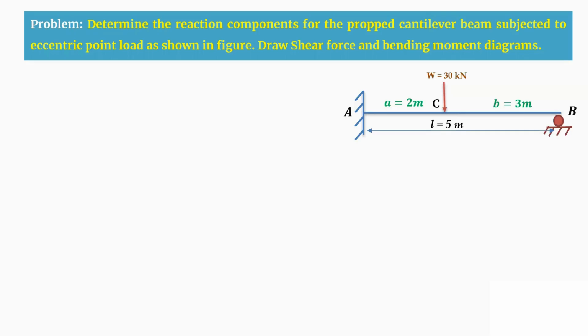Before finding the indeterminacy, first let us see how many reaction components there are at each support. As A is a fixed support, you have a horizontal reaction HA, a vertical reaction RA, and a moment MA. Similarly at the B support, as it is a roller support, it has only a vertical reaction, RB.